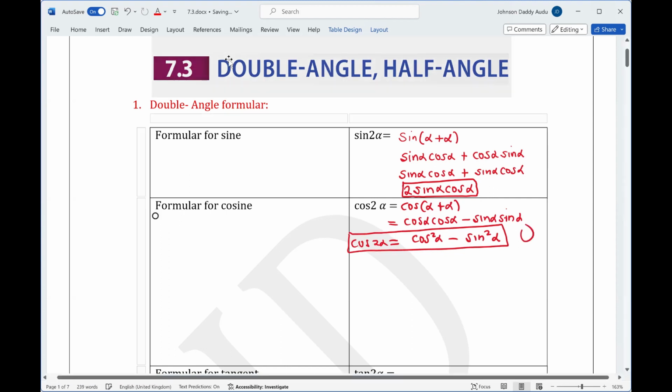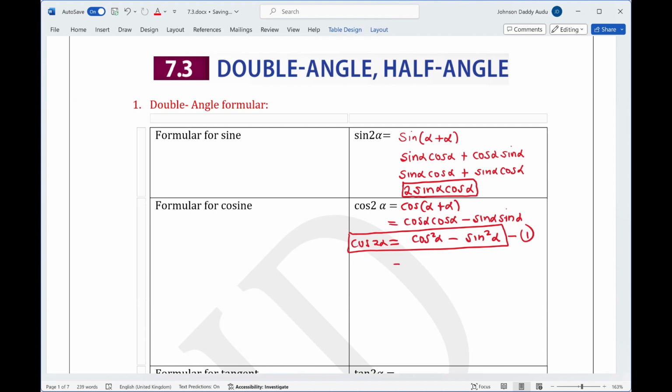Then we can proceed. So from this, but we know that what? This cosine squared we can write as 1 minus sine squared alpha. And we have another minus sine squared alpha, right?